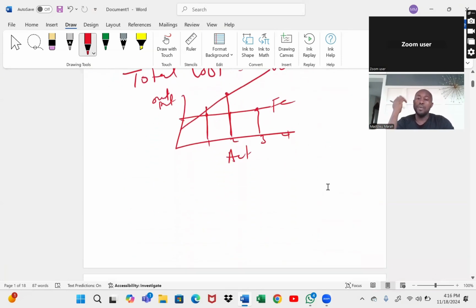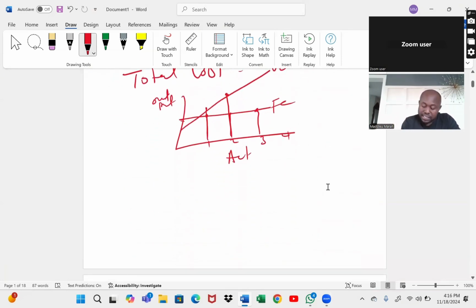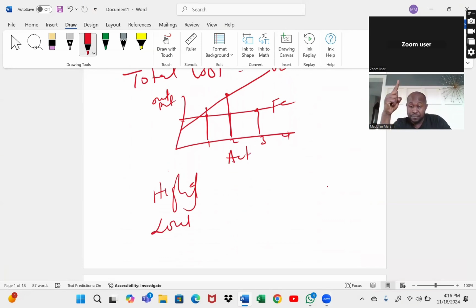With the high-low method, focus on, as the name goes, high-low. You set your table as high and low. So you look for the high activity and also the low activity. The high activity, what is the cost for that high activity? Also the low activity, what is the cost for that low activity? That's your focus.